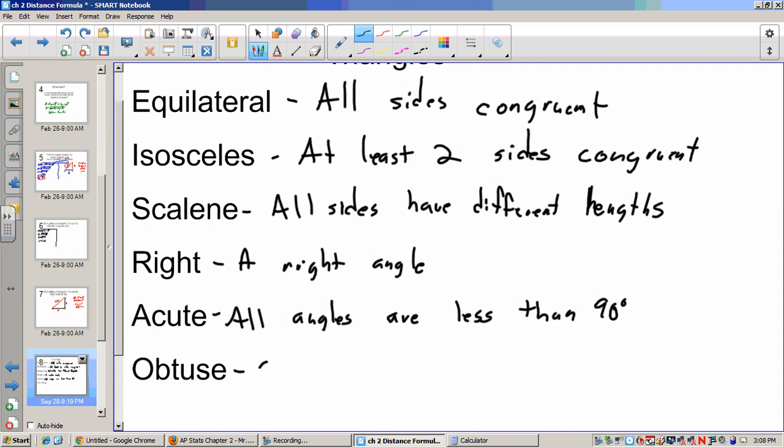Obtuse triangle, one angle is greater than 90 degrees. Now remember, in an obtuse triangle it only needs one angle to be over 90 degrees to be obtuse.